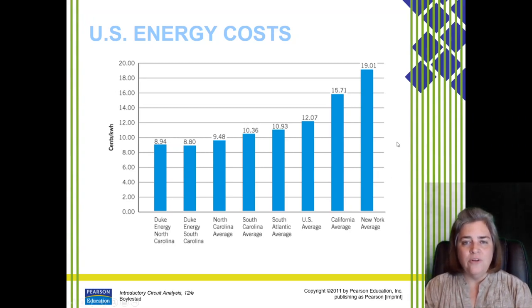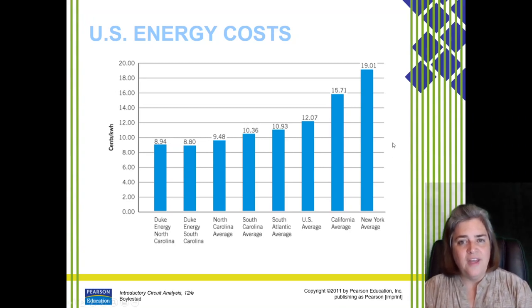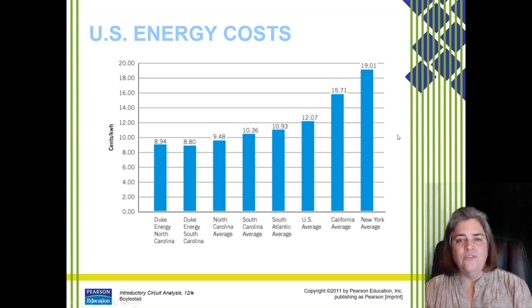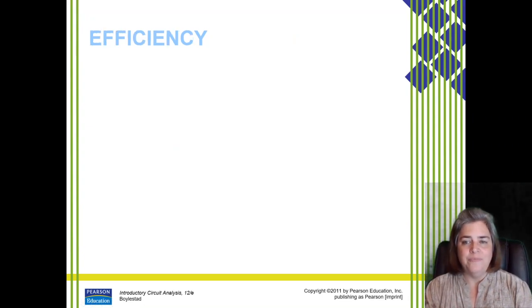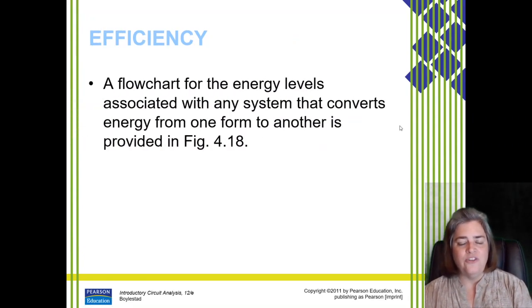Just take the amount you're being billed and divide by the kilowatt hours, and that gives you a good general idea. It's not exactly that, but that gives you a good idea of how much you're paying per kilowatt hour. And then if you want to look at some cost saving measures, you can do that as well. So let's talk about efficiency.